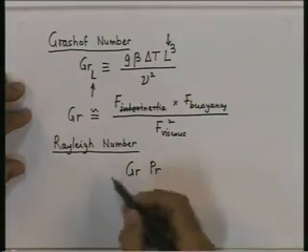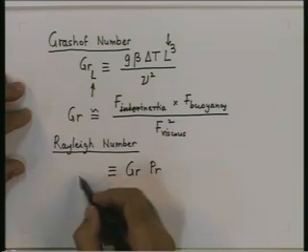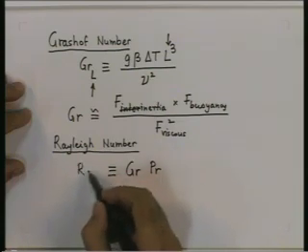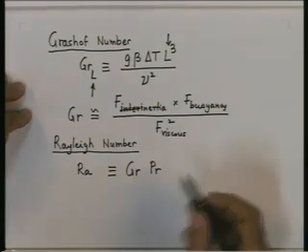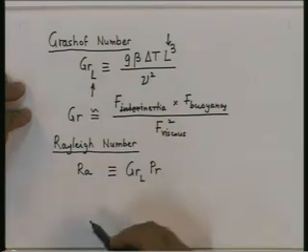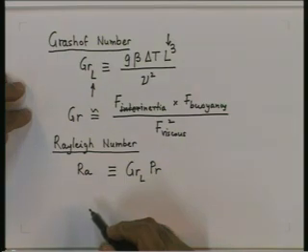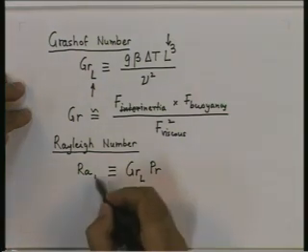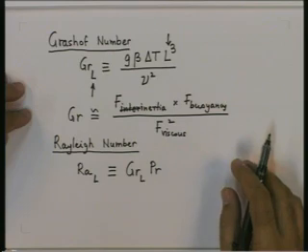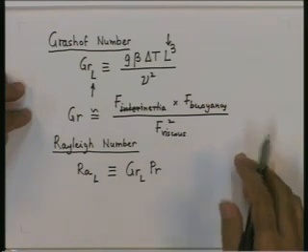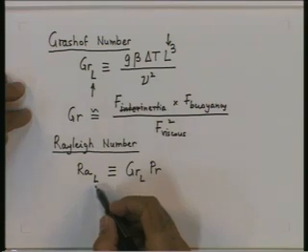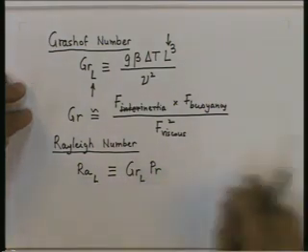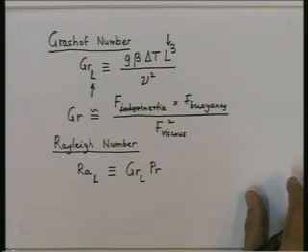This product is so common that we define it as the Rayleigh number, symbol Ra. And again, if the Grashof number is based on a certain characteristic length L, we base the Rayleigh number also on the same characteristic length L. And we will find that the Rayleigh number has a subscript L quite often associated with it, indicating that it is based on a particular characteristic length.